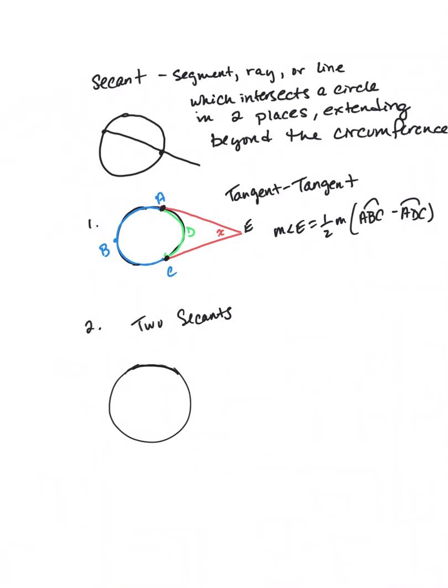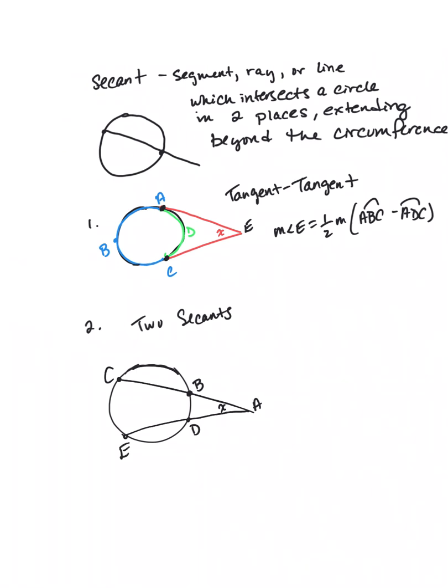All right, so let's say we just have two secants meeting outside of a circle, and I'm talking about this angle here, X, right? Okay, let's give these secants names. We'll call them ABC, and then we'll call the other one ADE.